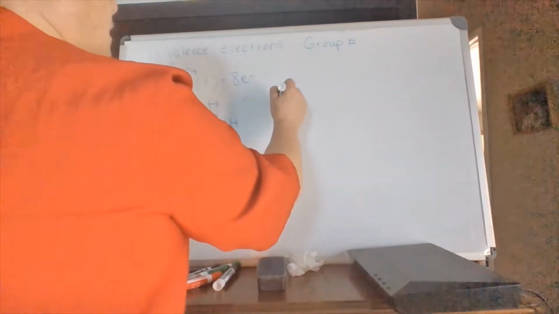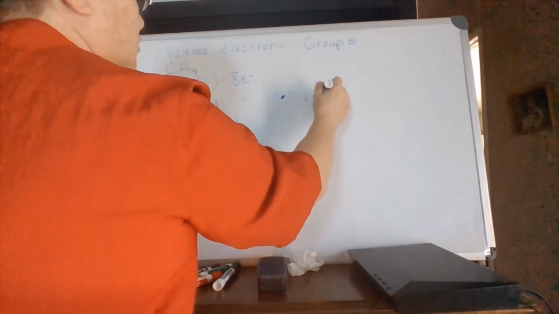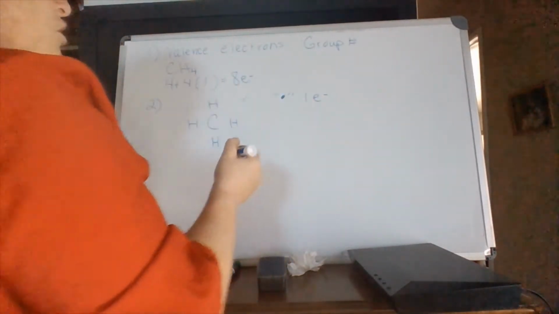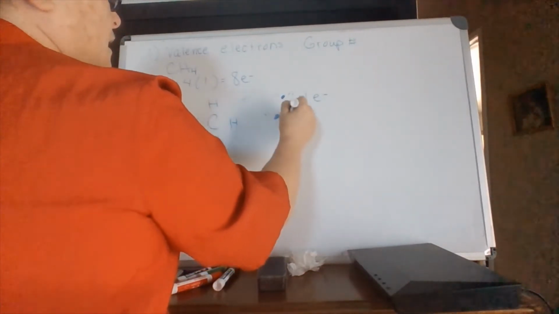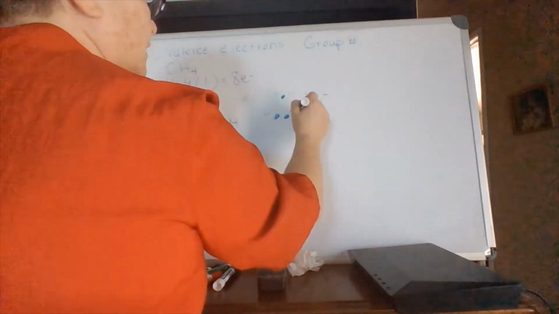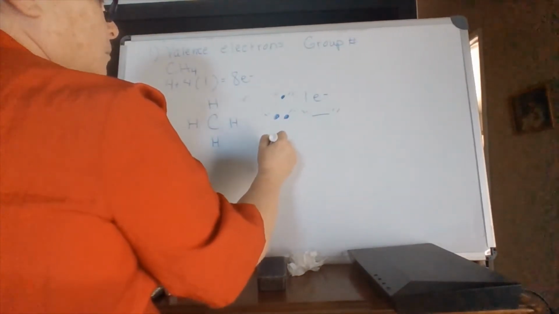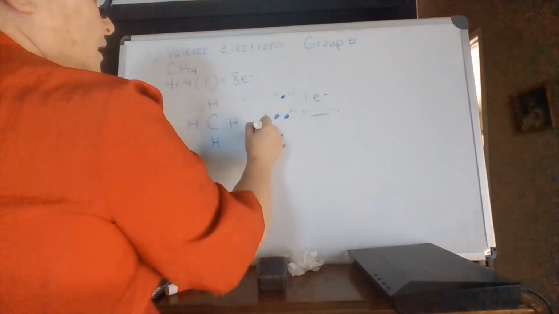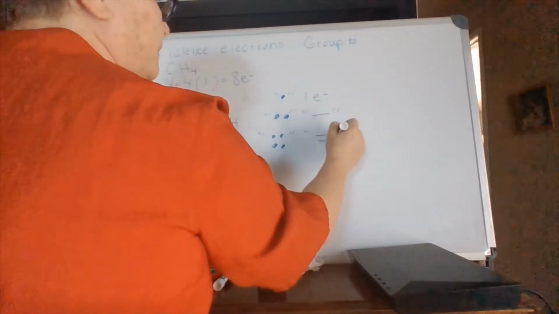Now, each dot is 1 electron, but we have another shorthand we can use. If we have 2 dots between atoms, we can use a dash instead to show that as a bond with 2 dots. We can show a double bond as having 4 dots or 2 dashes.